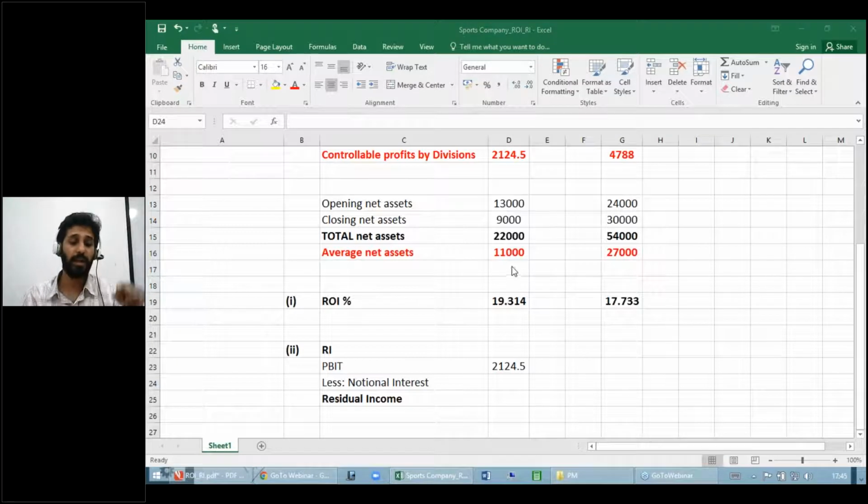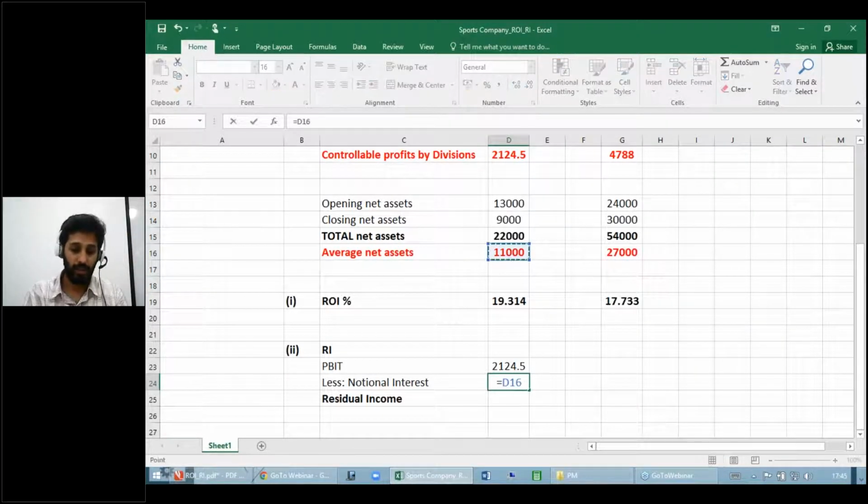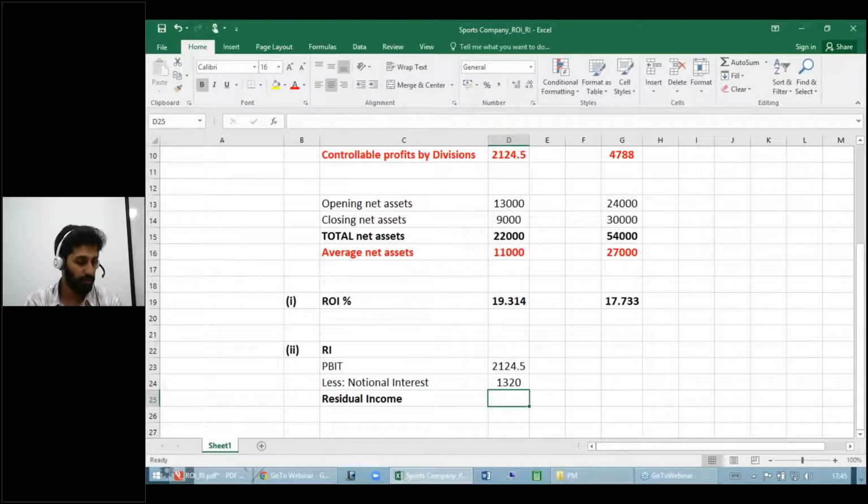What is the capital figure? That is 11,000. So I am writing here this 11,000 multiplied by 0.12. All right, because every calculation starts from is equal to. Then this is 1320. All right, now residual income is the above cell PBIT minus the notional interest. The answer is 804.5.